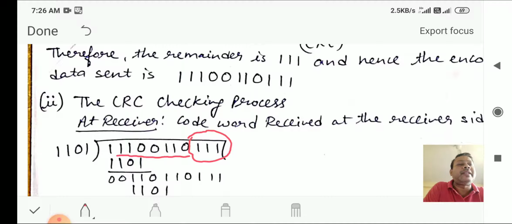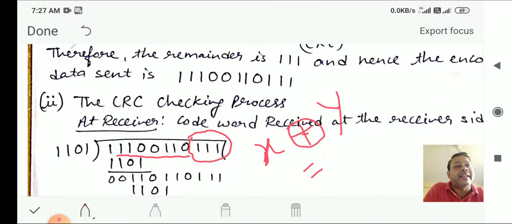Modulo 2 is nothing but XOR, isn't it? Suppose we take the XOR of X and Y, where X and Y are bits.